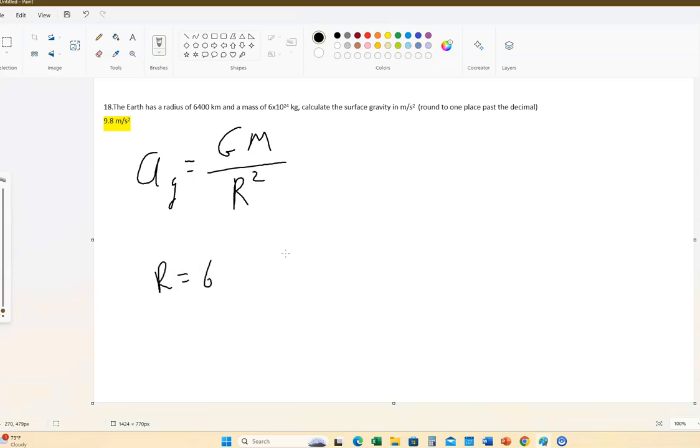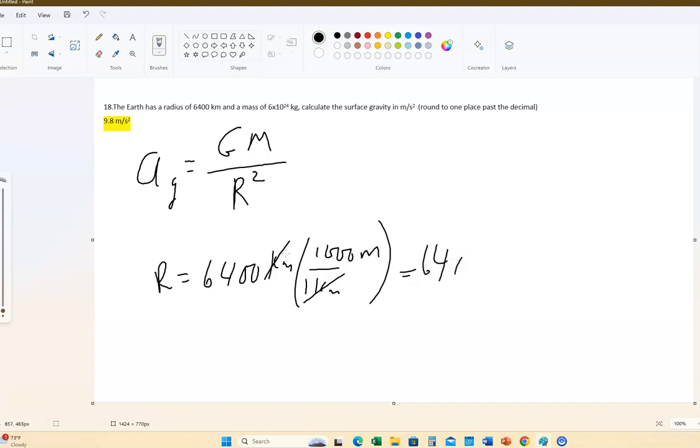It's 6,400 kilometers, and 1 kilometer is 1,000 meters, or 10 to the third meters. That's the same thing. So the kilometers cancel. So this becomes 6,400, and just put 3 more zeros, and now that's meters.